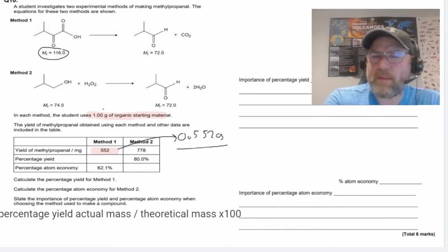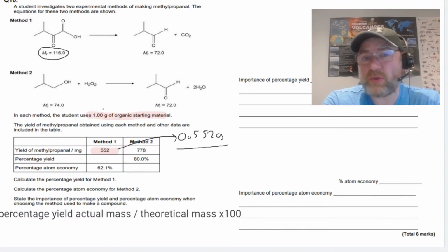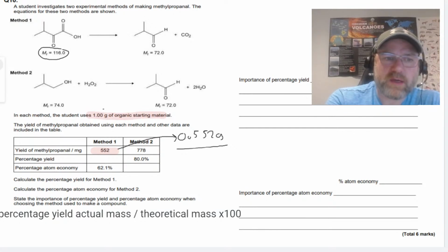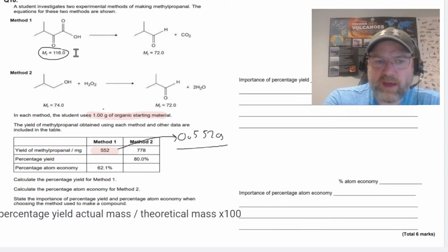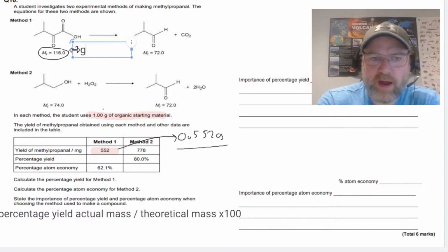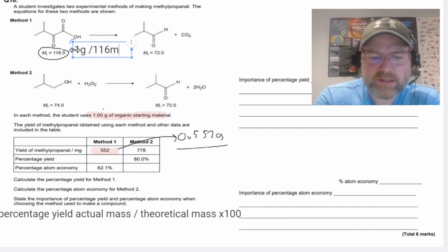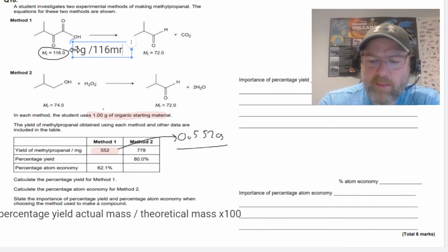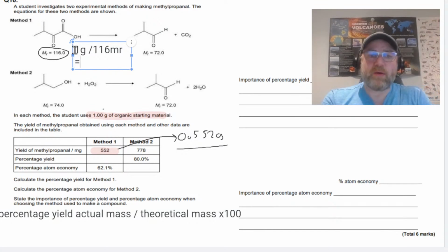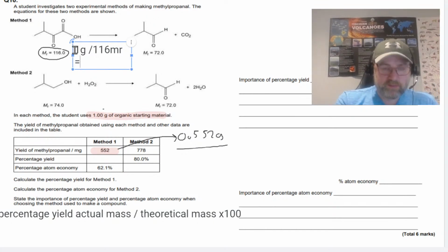So let's work out how many moles we've got and how many moles we should get of our product. Kind of like a GCSE reacting mass question. So over here I want to do 1 gram, which is mass, divided by the MR, 116, and that's going to give me the moles of my starting material.